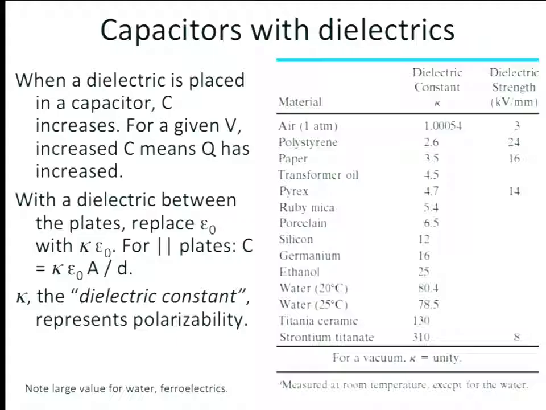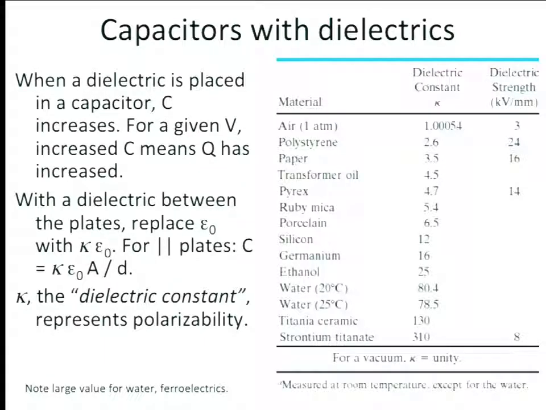So you get some effect. But look at water, 80, 10 times more. Now you can understand why. Water has permanent dipoles. And when you put it in a capacitor plate, those big dipoles line up and you get a nice big polarization. You suck more charge in.